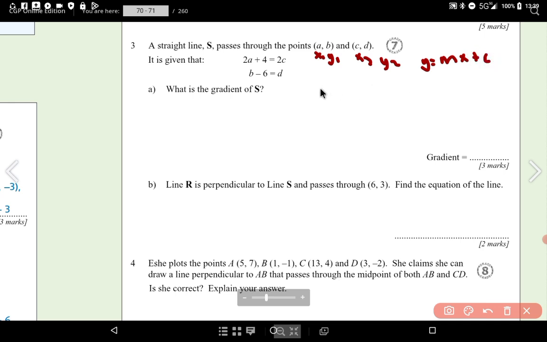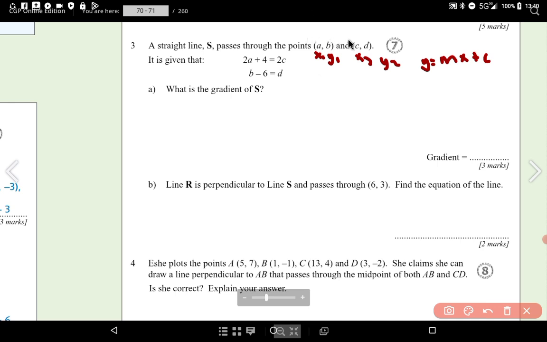So our job would first be to find what a, b and c, d are, and you can find this simply by solving, as you've got A, C, and you've got B and D.